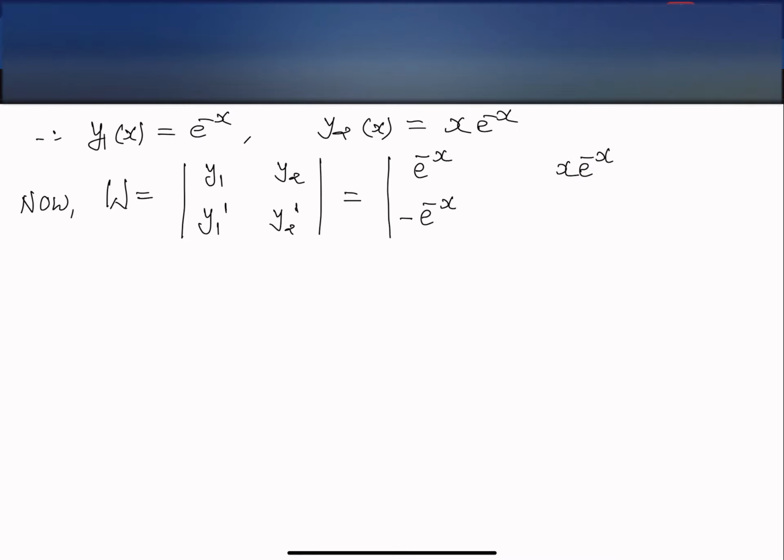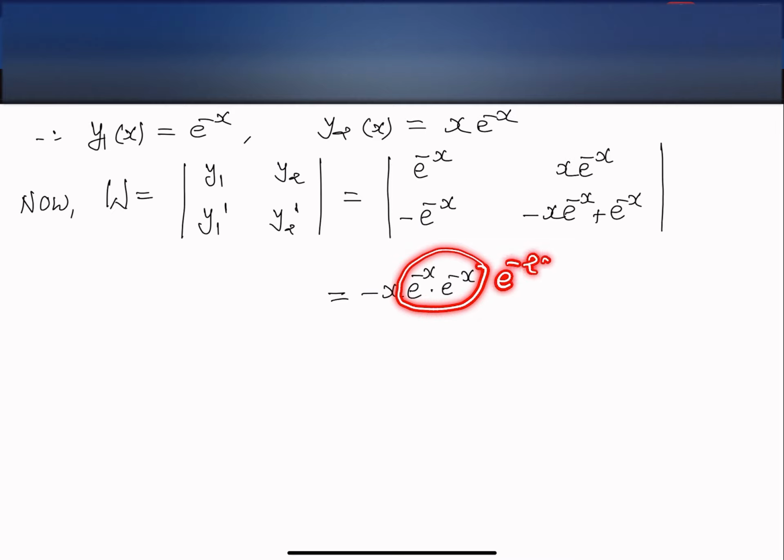So it is minus x e raised to minus x plus e raised to minus x. Once you solve this determinant, this multiply by this, so minus x e raised to minus x into e raised to minus x. This one. Can I write this is e raised to minus 2x direct?